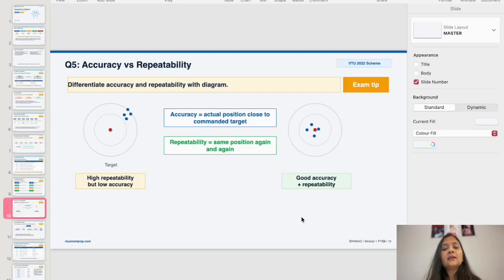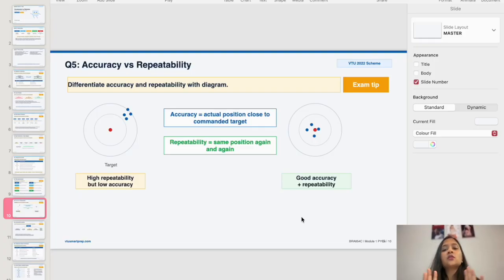Okay, and a robot may have good repeatability but poor accuracy. That means it reaches the same wrong point repeatedly. Okay, and a good robot should have both accuracy and repeatability.